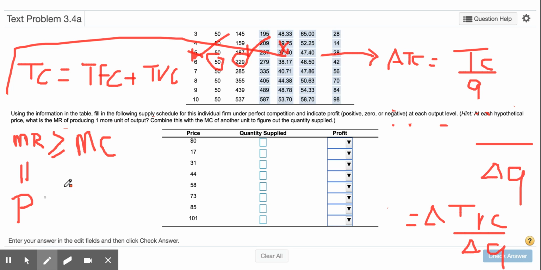So you're looking for a situation where the price is higher or equal to marginal cost. Those firms take prices as given and determine the quantity that maximizes their profit.